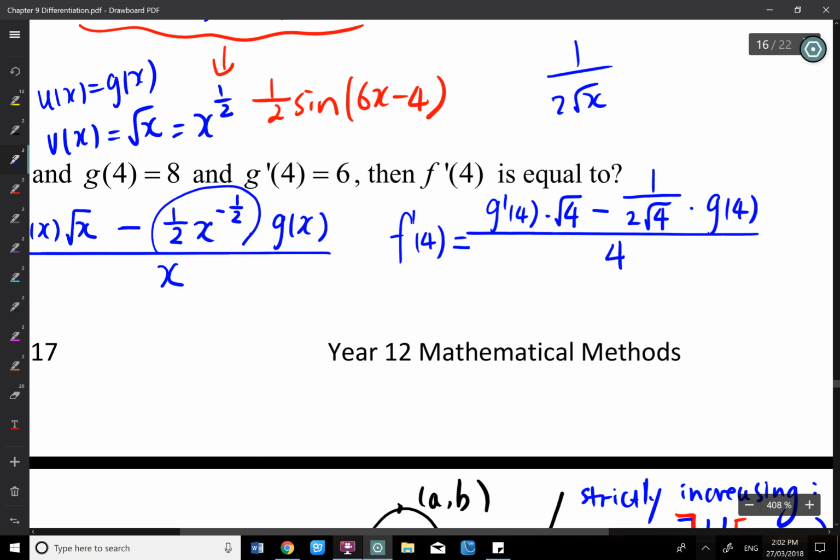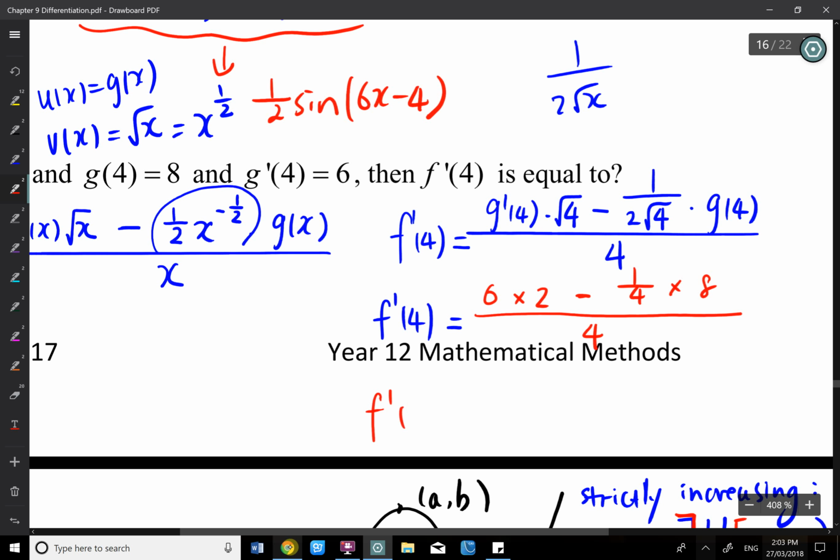F dash 4 equals g dash 4, which is 6, times 2, minus 1 over 4 times 8, over 4.